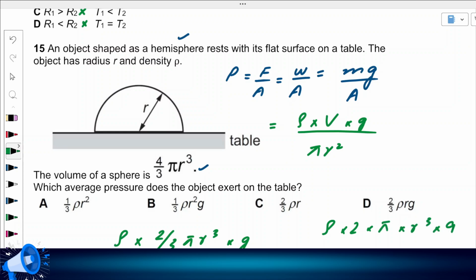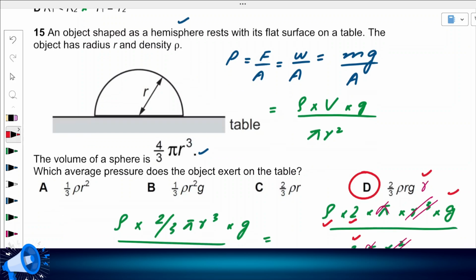I'll shift 3 downstairs. Now pi is eliminated, and for r square, the powers would leave r raised to the power 1. So we're left with the option D, 2 over 3 rho r g, which is the option D.